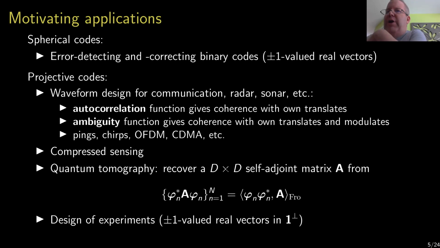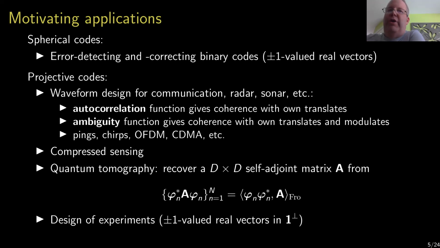But here we're actually trying to recover a self-adjoint matrix by taking the matrix and hitting it on the left and right with a vector and its transpose. You can actually write that as a Frobenius inner product of A with the outer products of those guys. And remember that the coherence of the outer products is related to the coherence of the original vector.